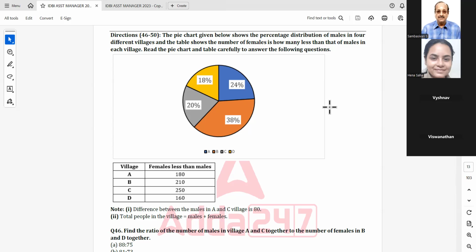So now out of 2000, find 24% for A, then 38% for B, then 20% for C, then 18% for D. We should not confuse this chart with 360 degrees. In this pie chart, they have given only the percentage of males.